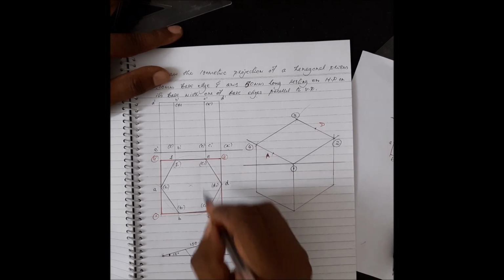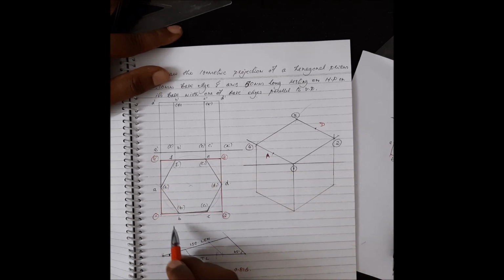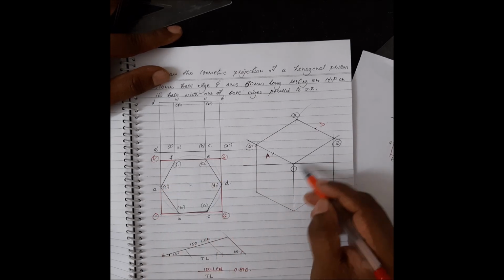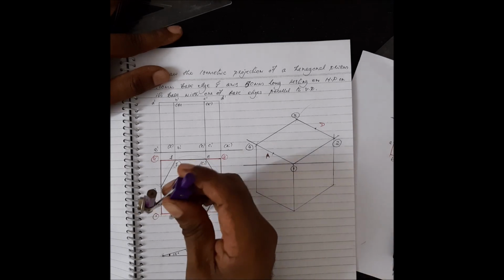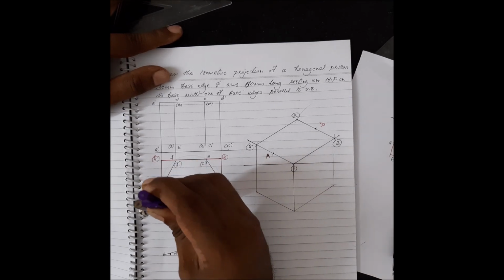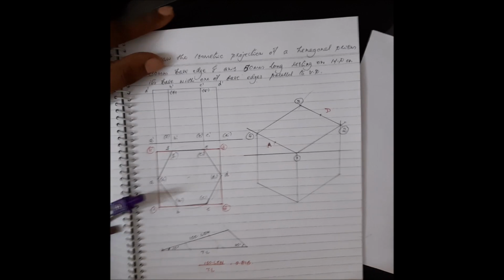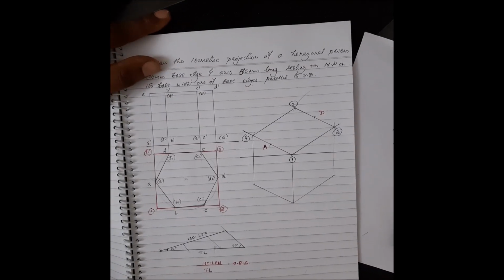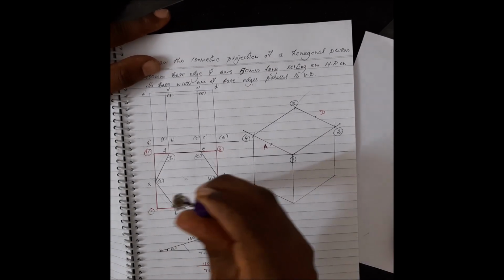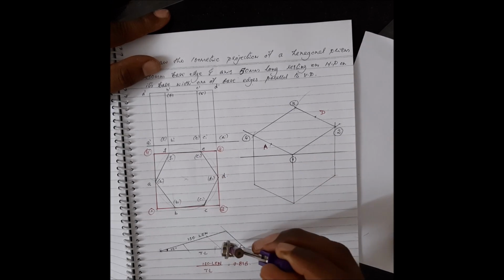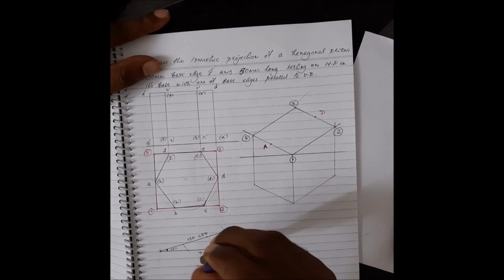Now, how to find B, C, E and F? BC is lying on 1, 2. This is your 1, 2 line. So take this distance, find the corresponding isometric length.